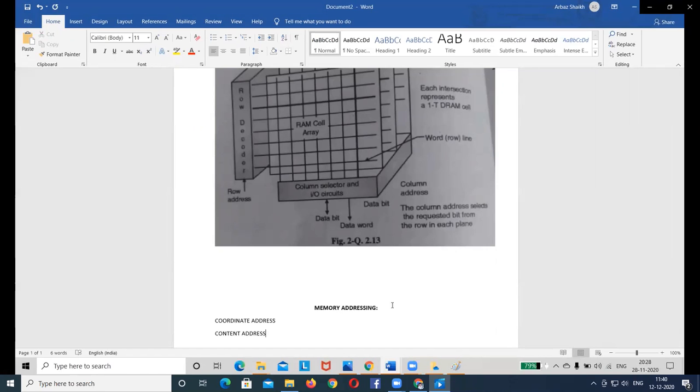It is accessed by supplying a data value for a portion of the storage location, rather than the physical address of the location, where the memory automatically identifies any location that matches the given data, and the content of this location may be accessed.